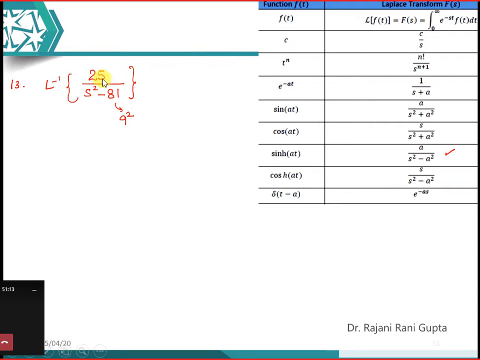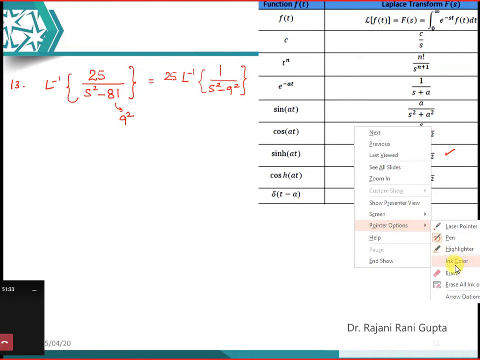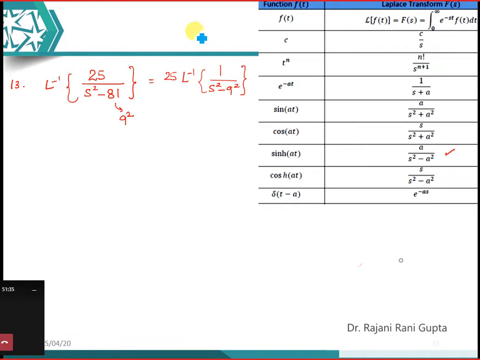As per the rule you need 9 here, so 25 is not required, taken outside. For the remaining term you will be left with Laplace inverse of 1 over s square minus 9 square. Now to apply that rule, what do you need? You need 9 here. Multiply by 9, divide by 9. So this gives you 25 over 9 sinh 9t.